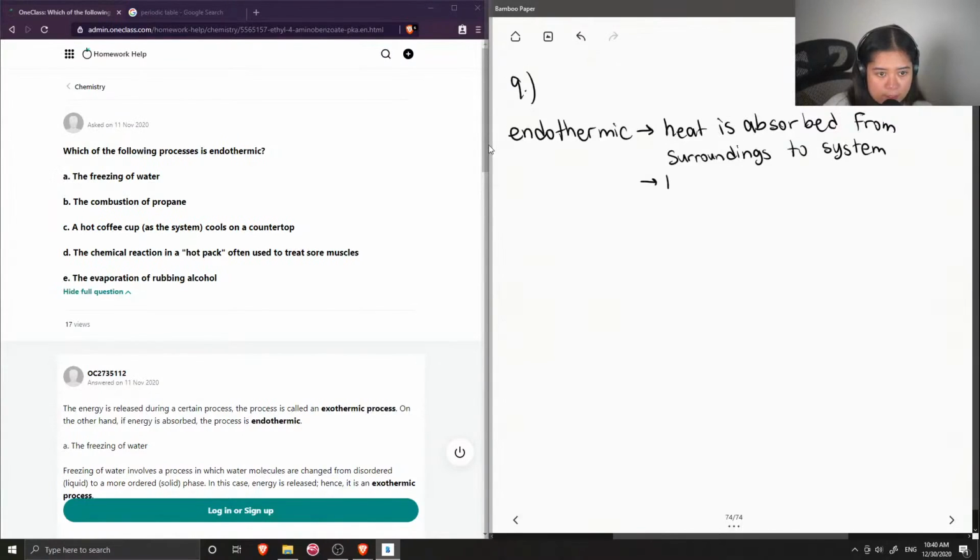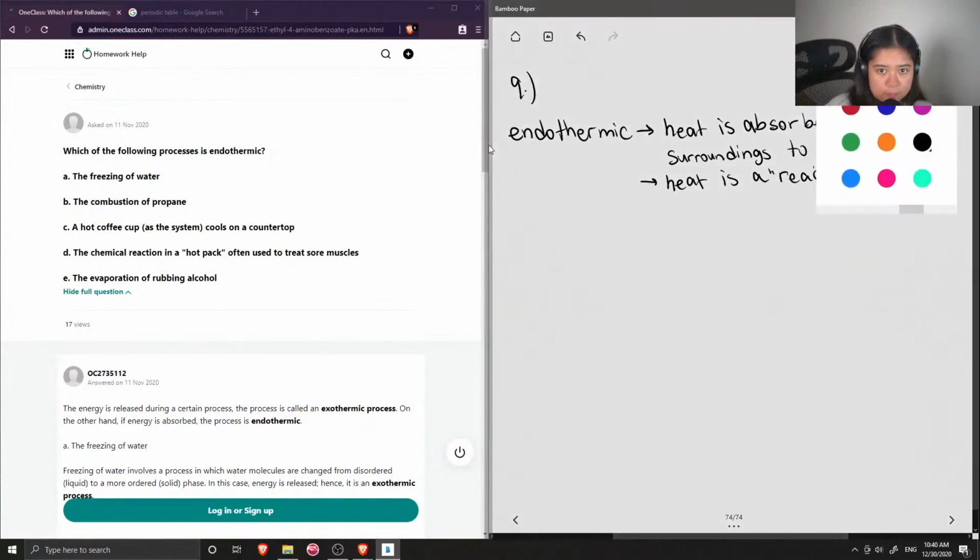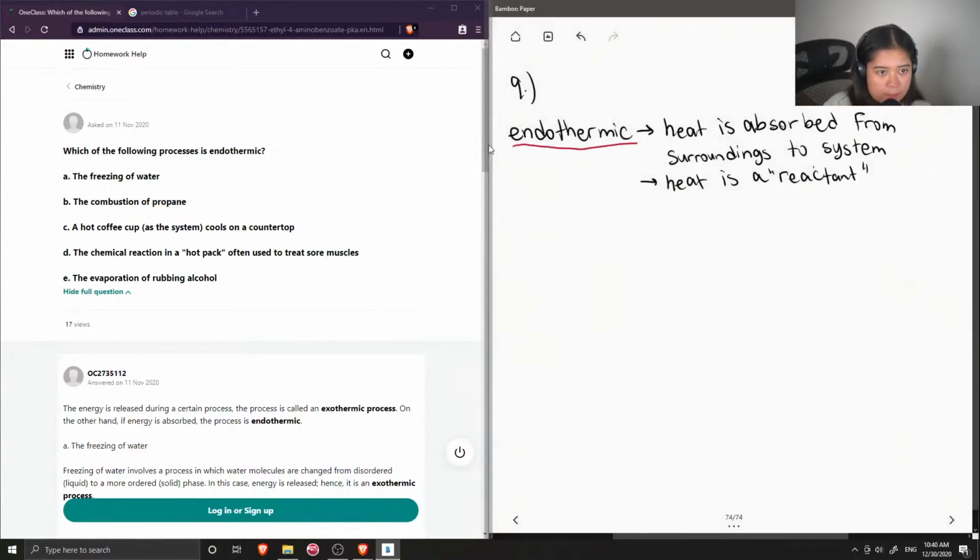So I'll also add that heat is a reactant, you could say as well, if it makes it easier. And when we have an exothermic reaction, this is pretty much the opposite.